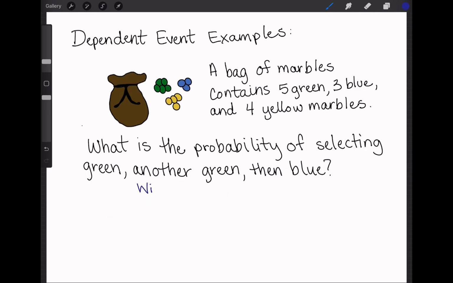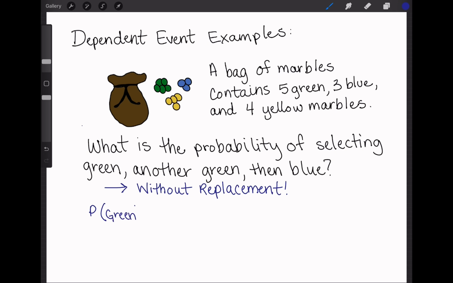In my next example, I want to know what the probability of selecting green, another green, and then blue. Now, mind you, independent events are different from dependent events. Dependent, we do not replace anything. Since we don't replace anything, we are essentially taking one away each time.